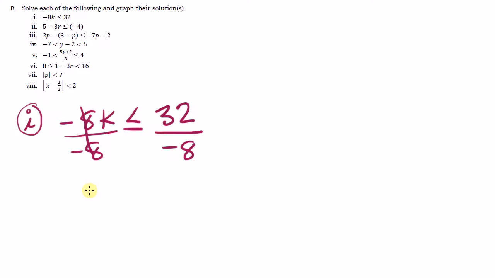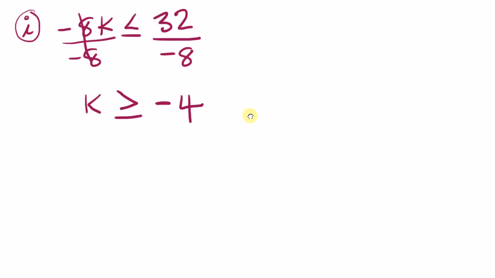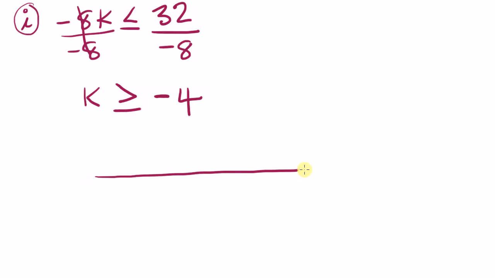And when I do, k has to be greater than or equal to 32 divided by negative 8. A positive divided by a negative is a negative, and 32 divided by 8 is 4. So this is my solution. Now, the second thing they want us to do is graph the solution. So, go ahead and do that here.